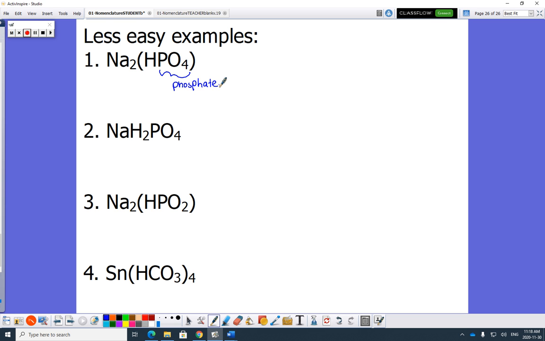Oh yeah, it's not IDE. Let's go look on the back of the periodic table. So this is phosphate. But there's also a hydrogen attached to it. And then Na is sodium. Okay, so there's the metal, right?